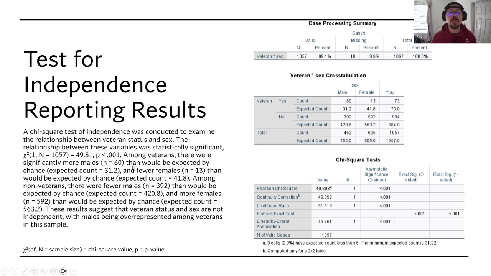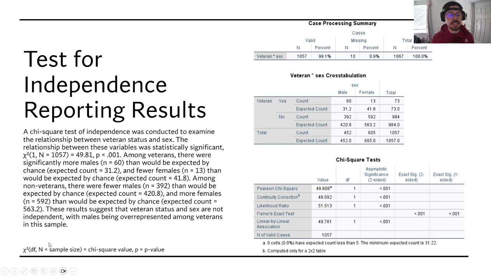In order to report these results, we would state a chi-square test of independence was conducted to examine the relationship between veteran status and sex. The relationship between these variables was statistically significant. Notice that the test results here, the chi-square with 1 degree of freedom, n equals whatever your n is, your chi-square, your p-value, follow the same formatting as your goodness of fit test.